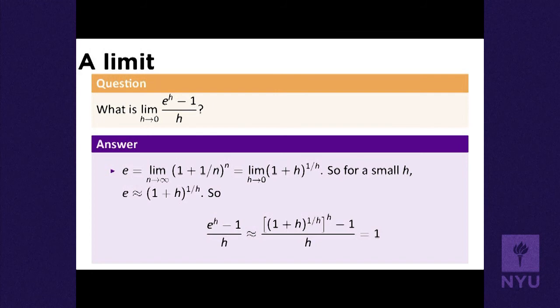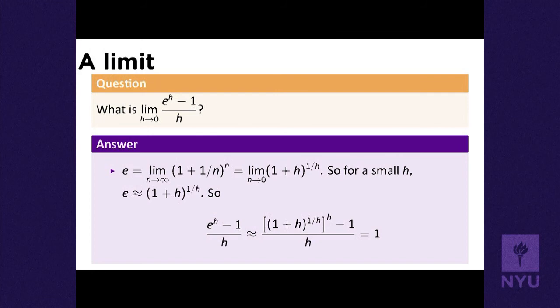Instead of saying 1 plus 1/10, 1/100, 1/1,000, 1/1,000,000, we can say 1 plus h, where this h is going to 0. Instead of taking it to a large power, we'll take it to the reciprocal of a small number power. All right, so this is just a change of the variable that gets us from this limit to this limit.